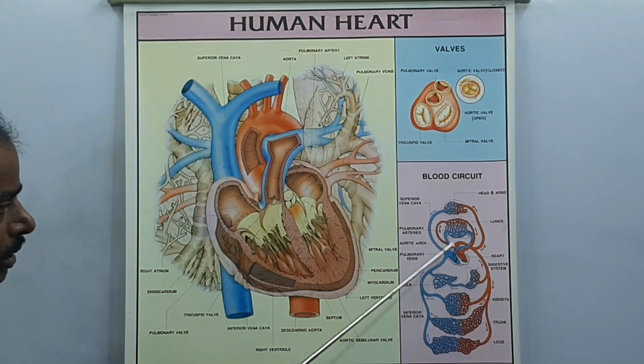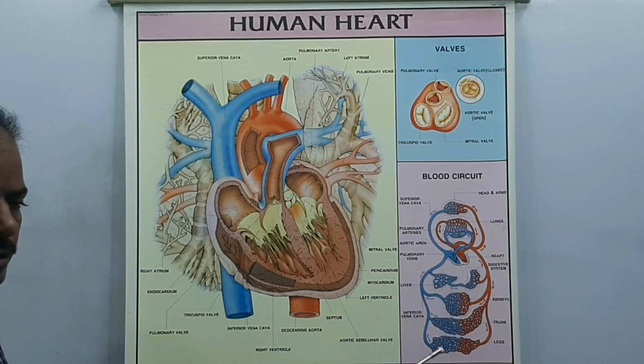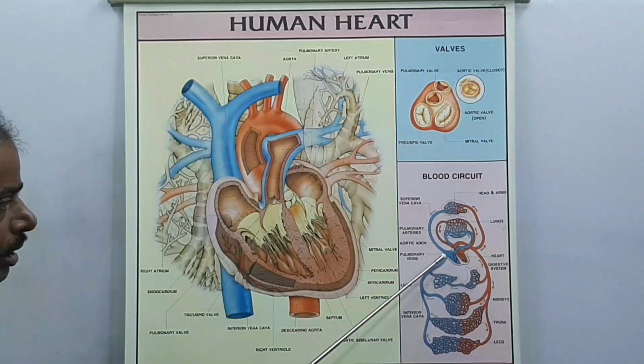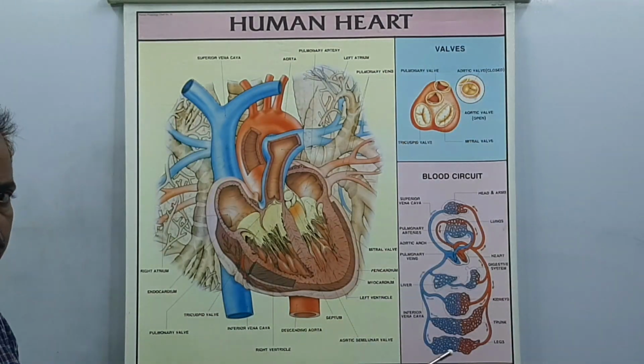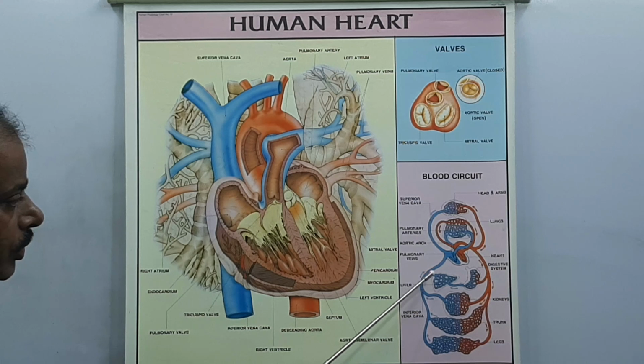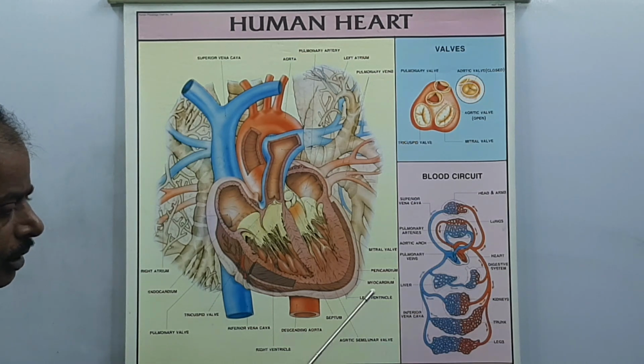This blood circulation helps in separating deoxygenated and oxygenated blood from each other, so that a higher concentration of oxygen is provided to each and every cell for their proper function.